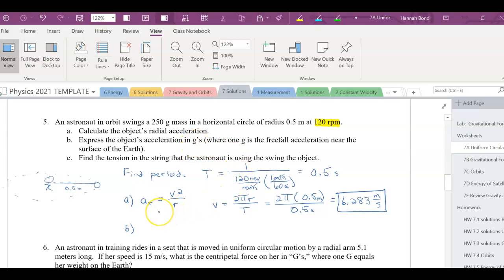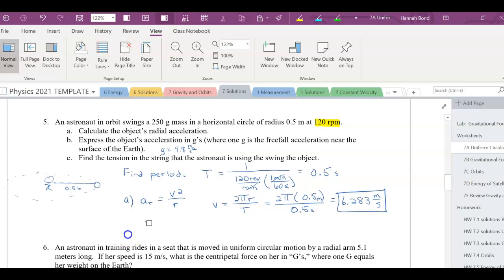Okay, and then it says express the object's acceleration in g's, where g is one free fall acceleration near the surface of the Earth. In other words, g is 9.8 meters per second squared near the surface of the Earth. Okay, so the acceleration was 6.283 meters per second. Oh, I'm sorry, I haven't found the radial acceleration.